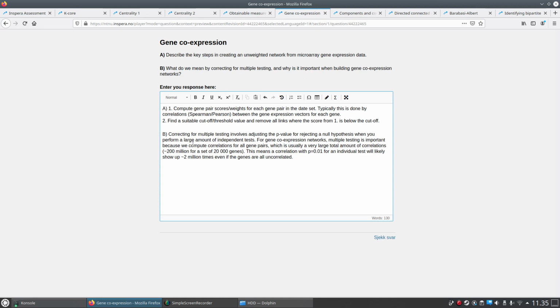And so because of this, obviously you need to adjust your correlation cutoffs to have much stricter p-values than, for instance, p equals 0.01, due to the very large amount of sets you have.